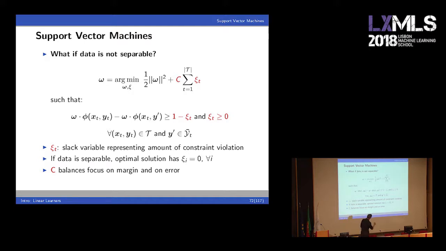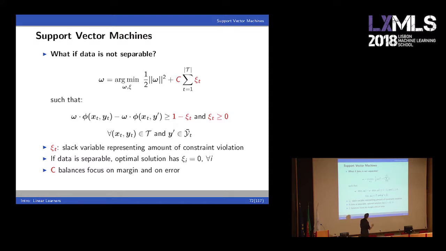And we add this term into our objective. If we have a minimization here, then we have to trade off: we minimize this term, so we maximize the margin, and on the other hand we have to make sure that this error term is as small as possible.